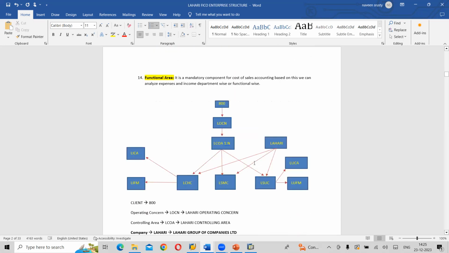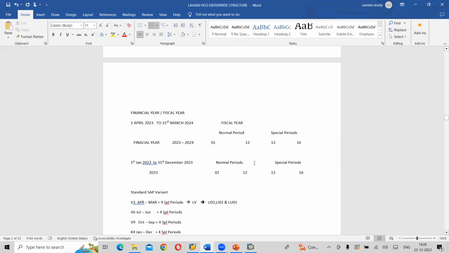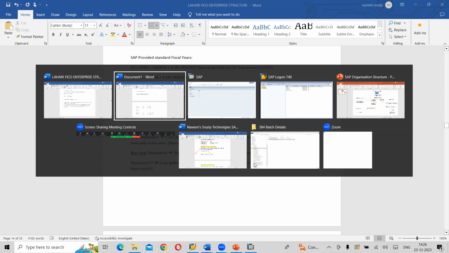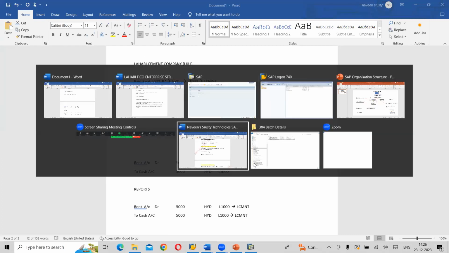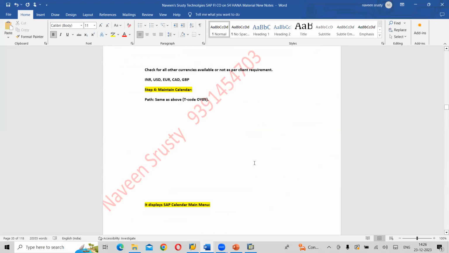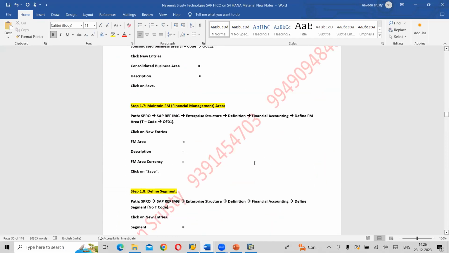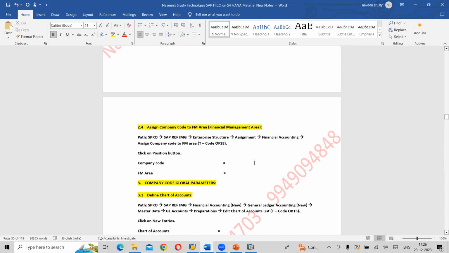Okay, you can see here. This is my Word document; most of the things will get changed in this. Everything, the complete structure, we will create in SAP as it is.